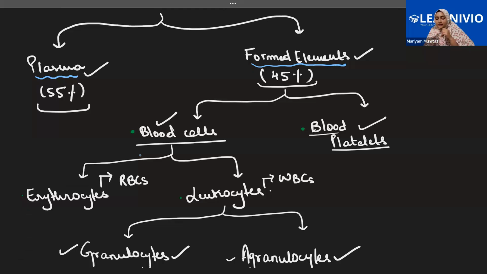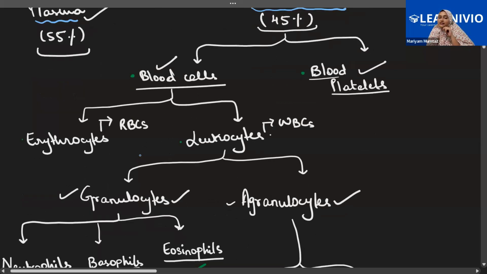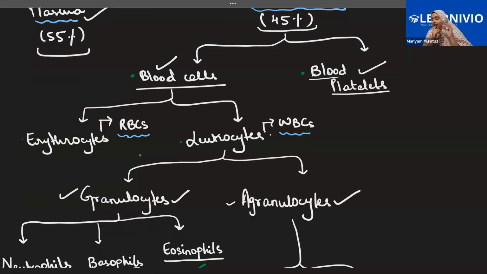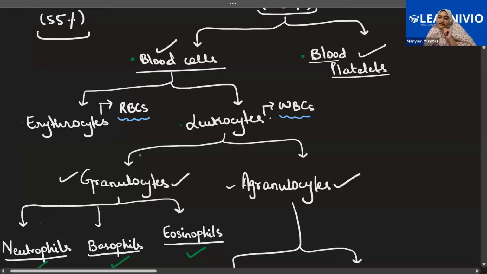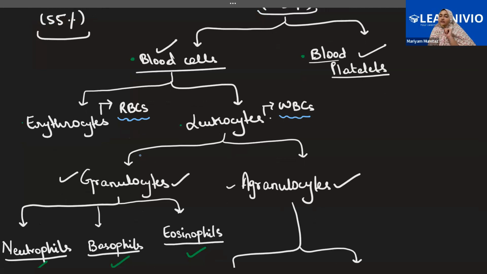All right. So talking about the blood cells, we have erythrocytes, that is the RBC, the red blood cell. And then we have the leukocytes, that is the WBC, white blood cells. Now, each of these components of the blood has its own very specific function to perform. The RBCs are not further divided into any types, but the WBCs have a great variety.